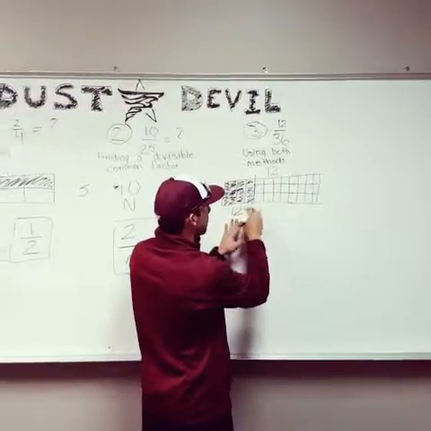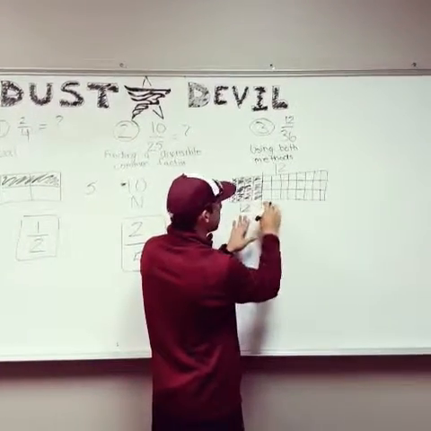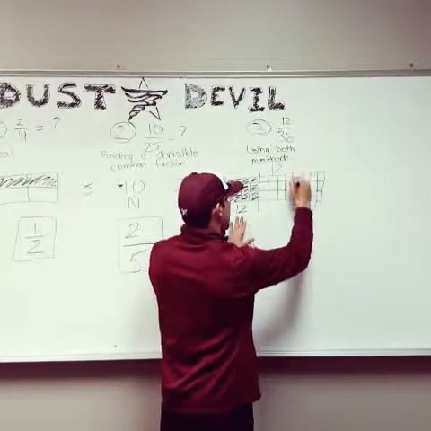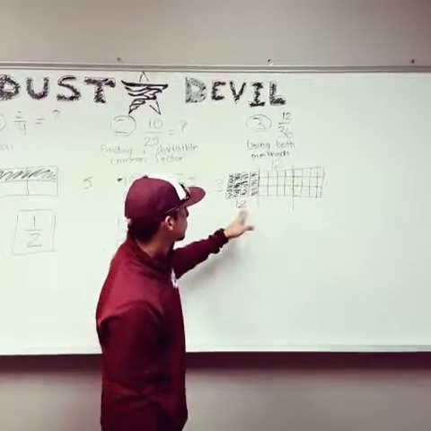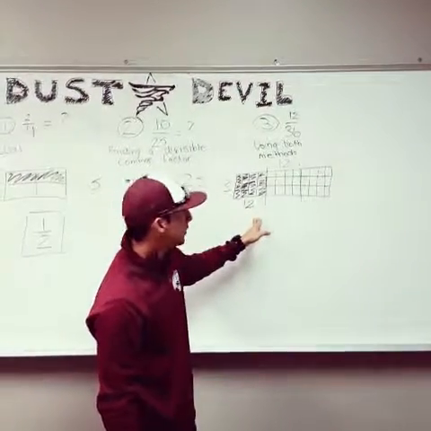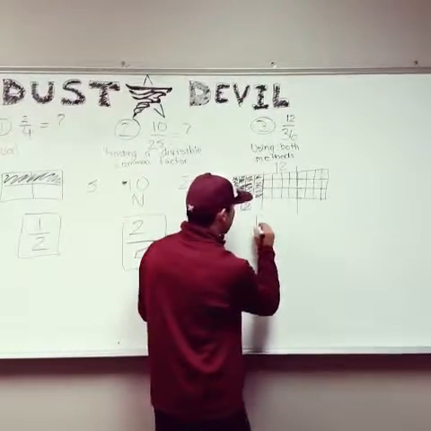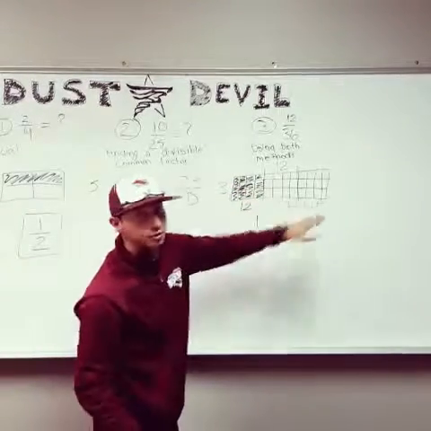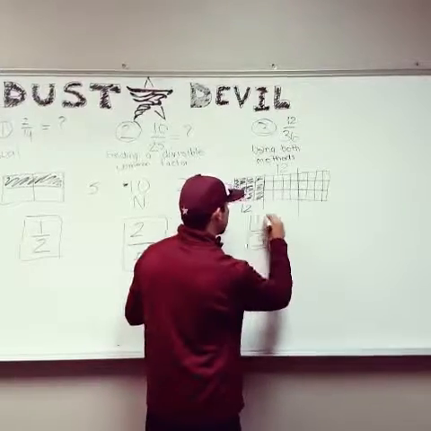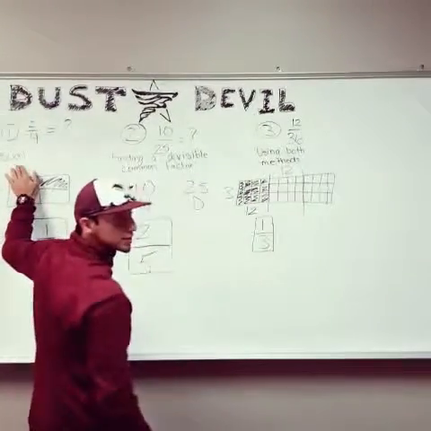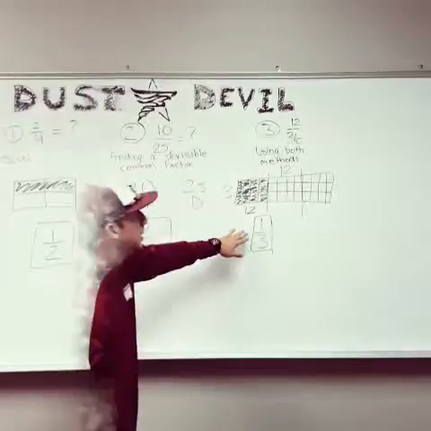We're going to have to count again: 3, 6, 9, 12. As you can see, it's divided into 3 quadrants. Only 1 quadrant is shaded in, so we can put that as our numerator, and there's 3 quadrants in total. That's going to be our denominator. And that's how you use the visual representation to simplify that fraction.